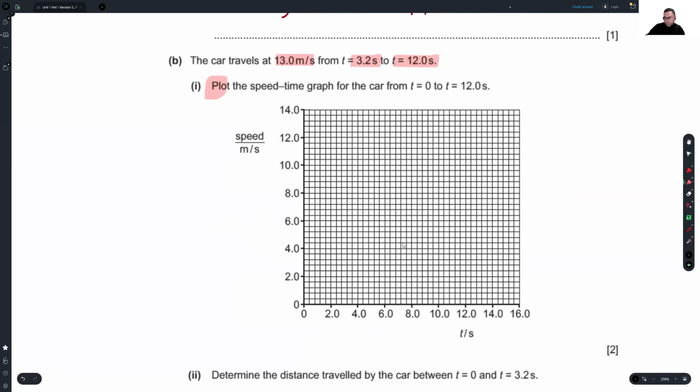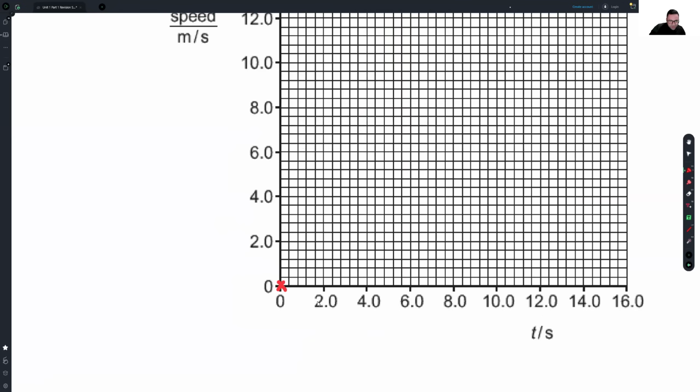Okay, so let's go. My starting value is 0 and 0. At 3.2 seconds, how do I find that? Every small square is 0.4, by the way, on the x-axis and the y. So this is 2.4, 2.8, 3.2.